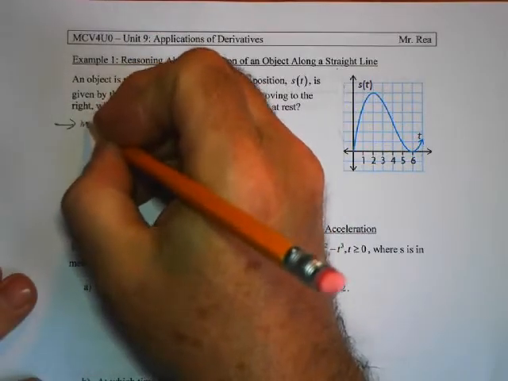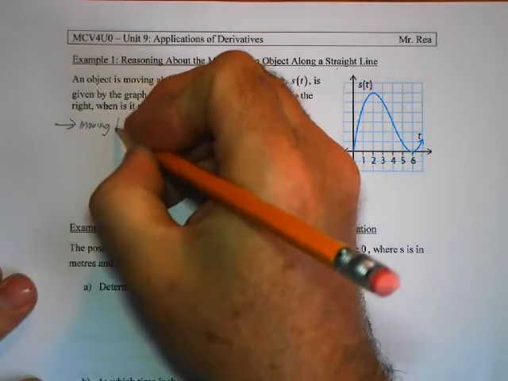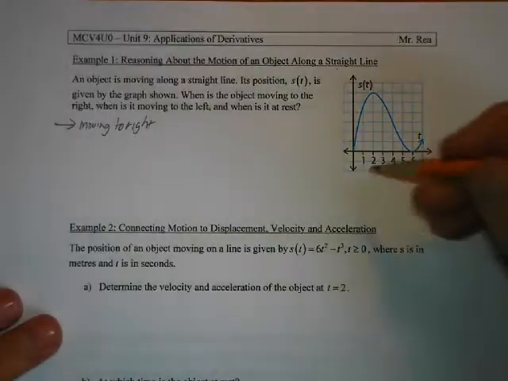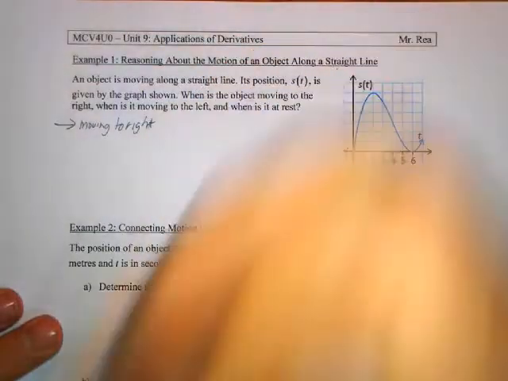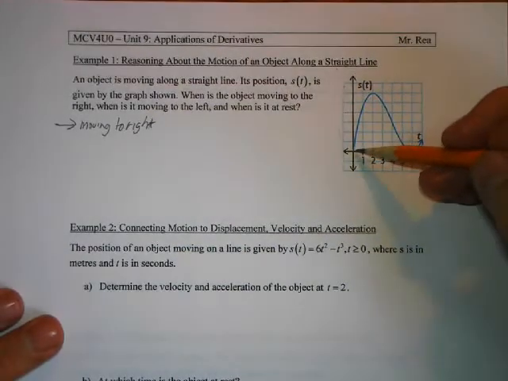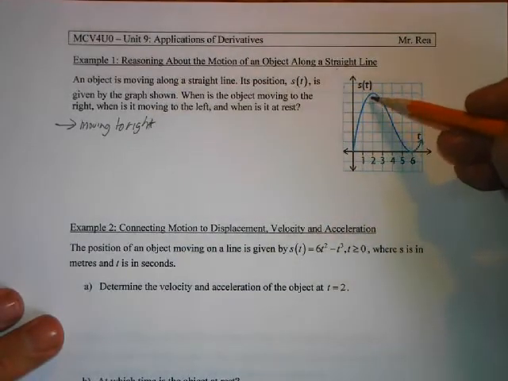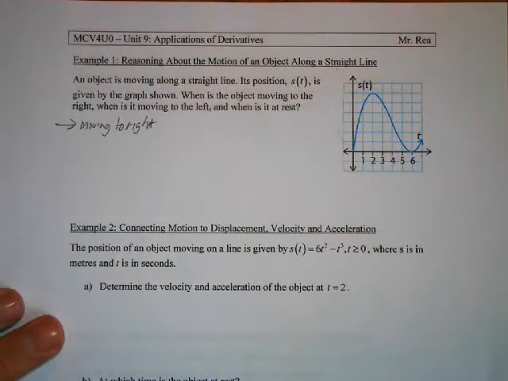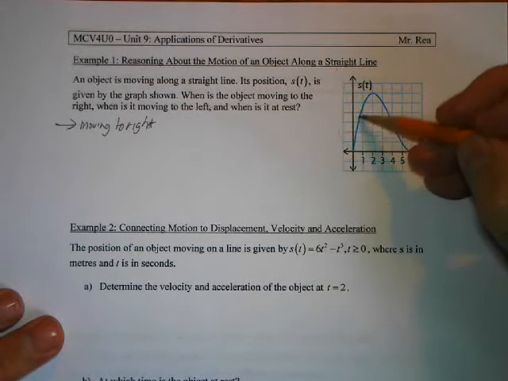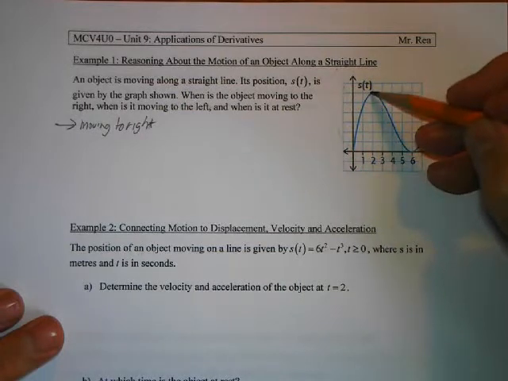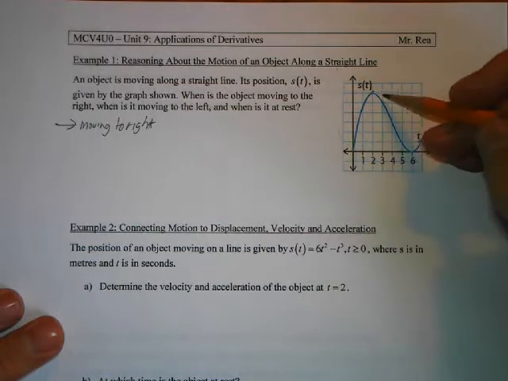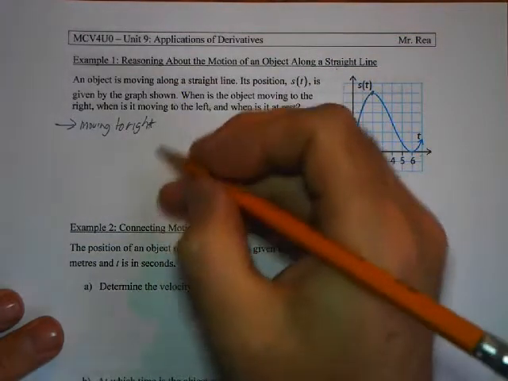So, moving to the right. That means the object is moving away from you, or in terms of velocity, that's where v of t would be positive. So v of t is positive from 0 seconds to 2 seconds.